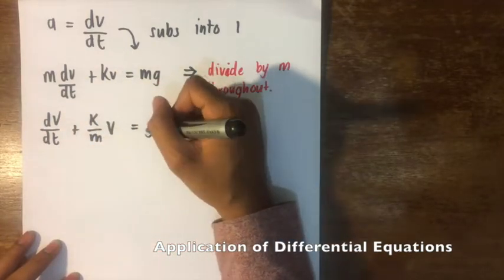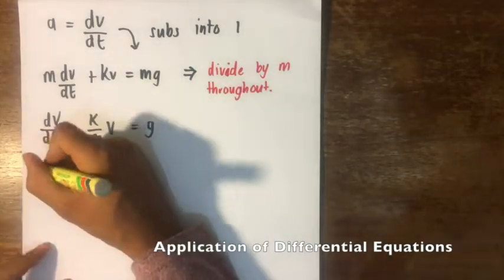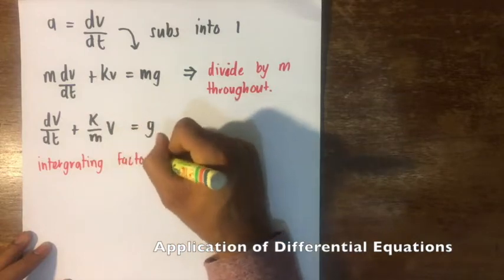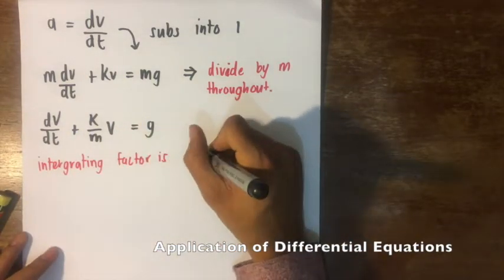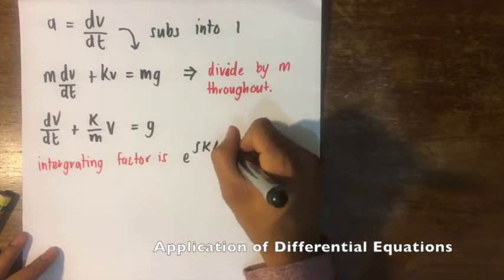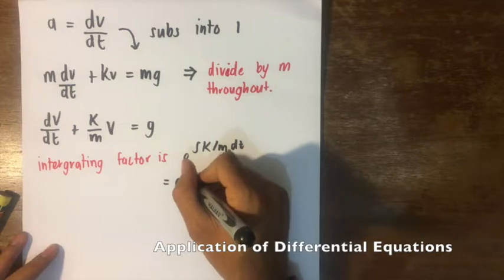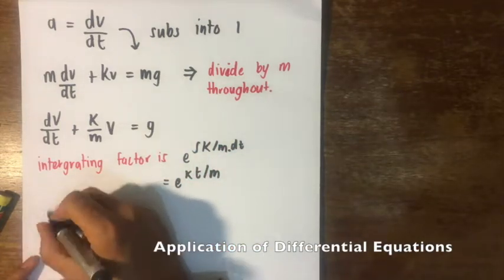And we end up with this equation. Now we get the integrating factor, which is e to the integral of k over m dt. And if we integrate this, we end up with e to the kt over m.